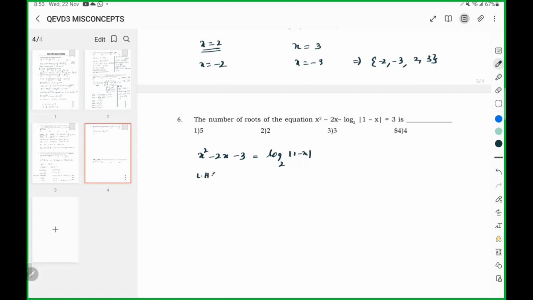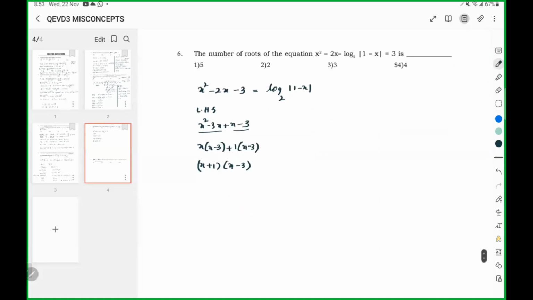So this one, LHS, if you say, it is x square minus 3x plus x minus 3. You'll have x into x minus 3 plus this. We get x plus 1 into x minus 3. It is a quadratic equation. So it passes through graphically.